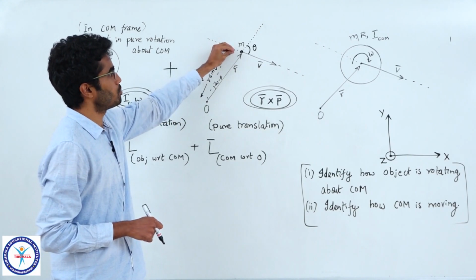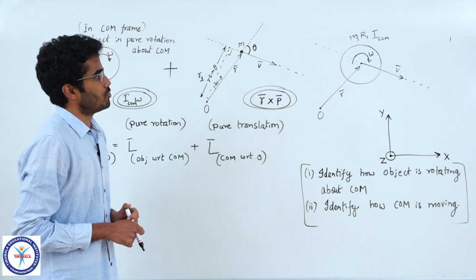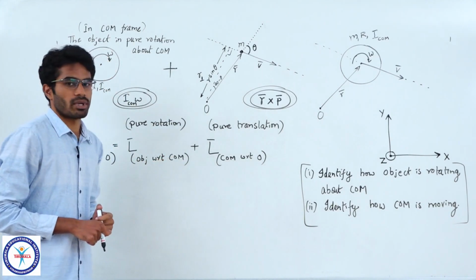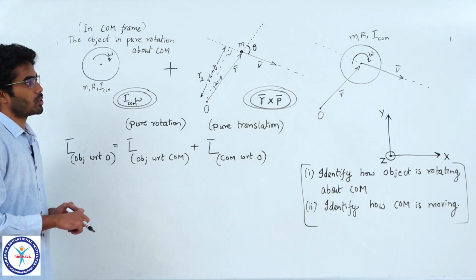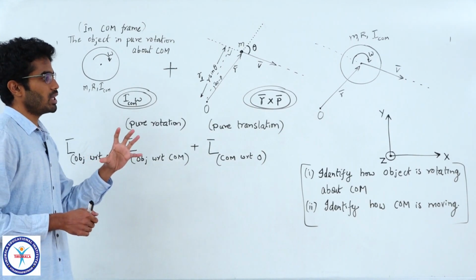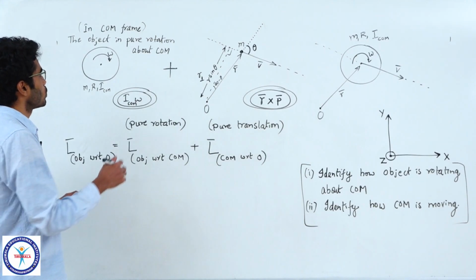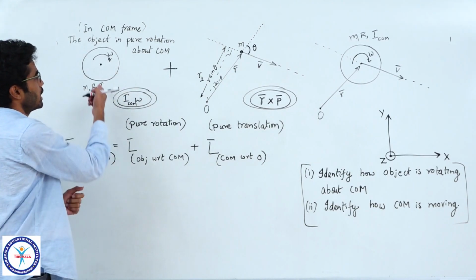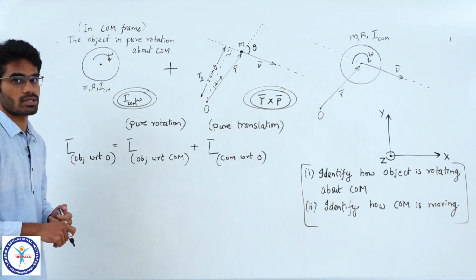So, this mass m is translating, but if you see it in the center of mass frame, because the center of mass is moving with the object, there will be only rotation. So, the pure rotation we are indicating here; in the center of mass frame the object will be in pure rotation.